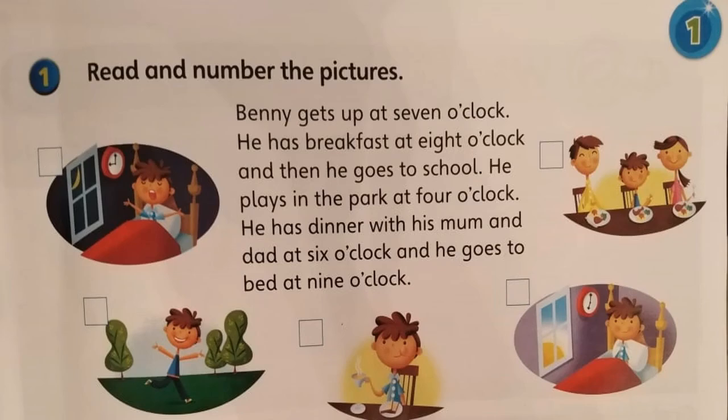Okay, as we read, which picture is the first picture? We said Benny gets up at 7 o'clock. So the first picture is this picture. The second picture. He has breakfast at 8 o'clock and then he goes to school. Yes, this picture is picture number 2. The third picture is he plays in the park at 4 o'clock.